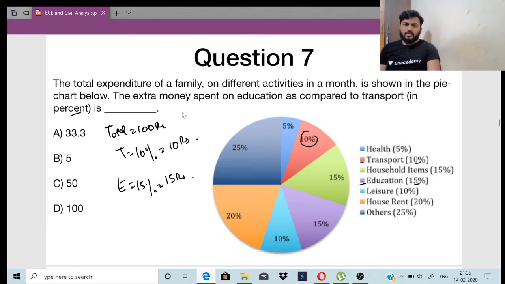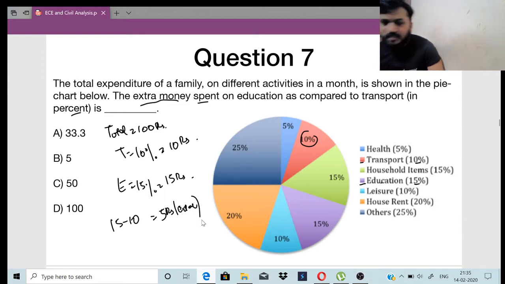Education is 15 rupees. Now what they have told, what is the extra money spent? So it is 15 minus 10, 5 rupees is extra. 5 rupees extra spend किया है मैंने. So extra money in percentage बताना है मुझे.